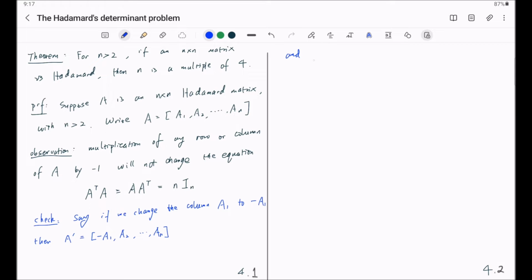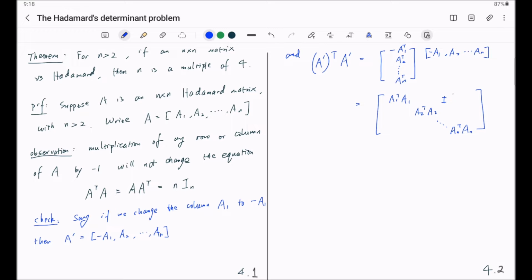and A' transpose times A' is equal to a matrix whose entries here are A_i^T A_j, plus or minus, but you know that those off-diagonal entries are already 0.